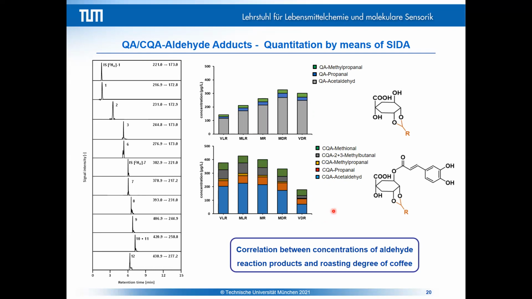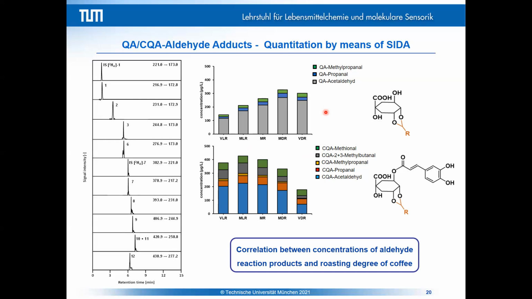For example, the quinic acid reaction products show an increased concentration with harsher or darker roasting. This can be attributed to the fact that more chlorogenic acid is degraded into quinic acid, so the concentration of the precursor also increases with darker roasting, and that's why we find more of the reaction products in darker roasted coffee.